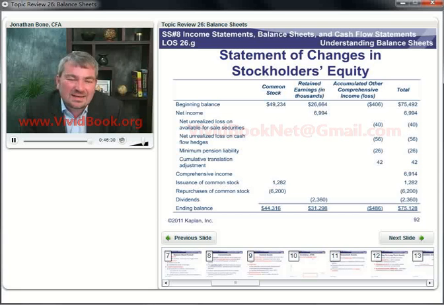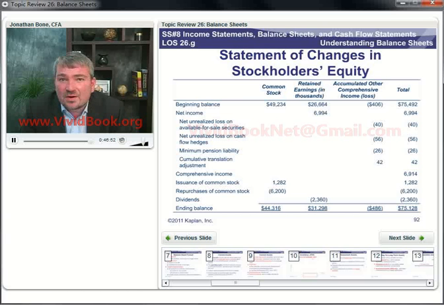Well, actually, cash flow, that's not strictly true, actually. An unrealized loss on a cash flow hedge is when you're hedging a future purchase or a future sale. Minimum pension liability, but it's a little bit out of date, that phrase. It's more likely to be an adjustment to funded status under US GAAP now. We've got that in there of 26.